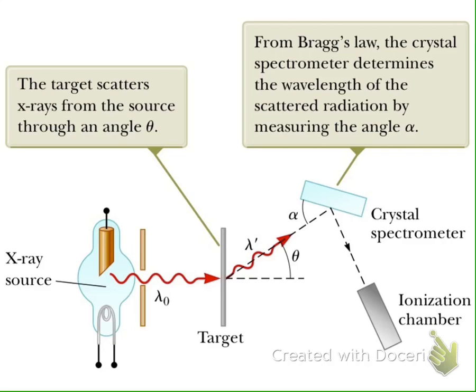Now, one thing that classical physics expects is that you can have a pattern of scattering. For example, if you change the angle here, the rays scattered at different angles may have different intensity, right?